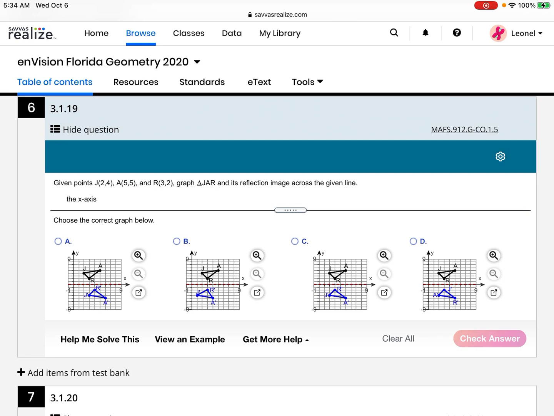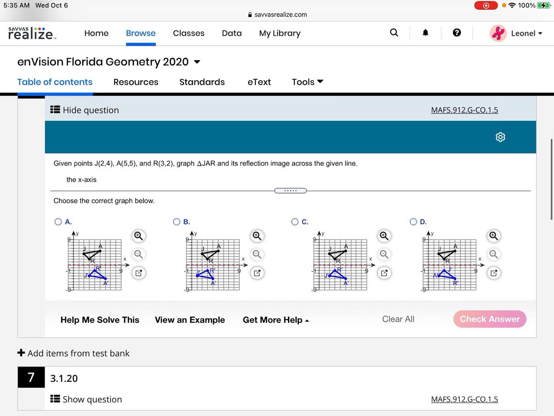Given points 2, 4, 5, 5, and 3, 2, graph triangle JAR and its reflection image across the given line, the x-axis. Okay. So when you reflect, it should look like a mirror image. I think you guys can probably tell that A and B are not mirror images.